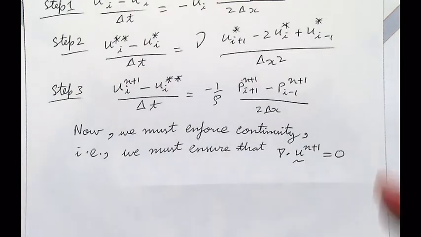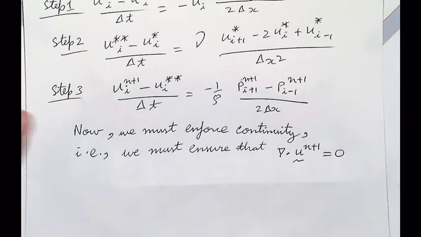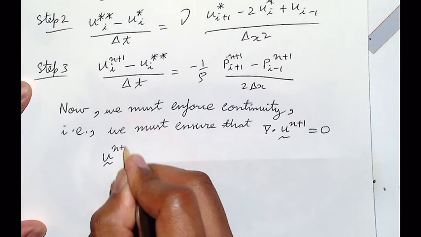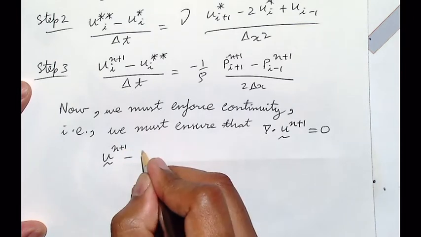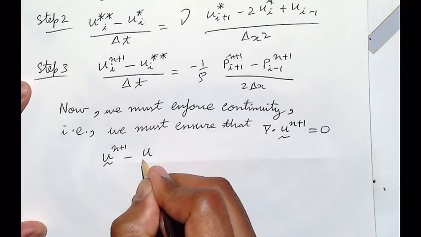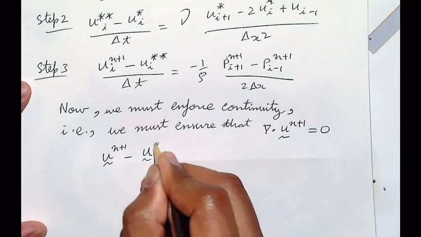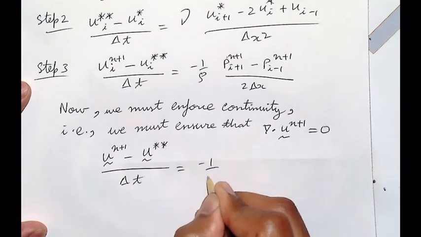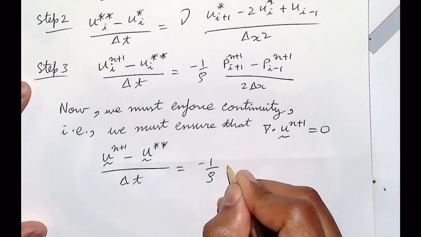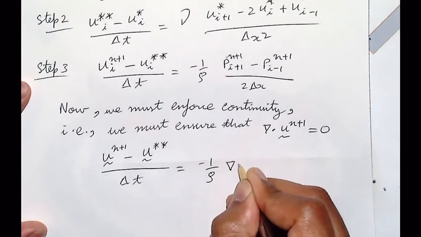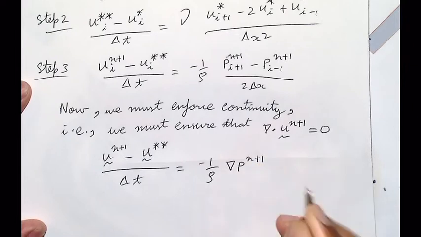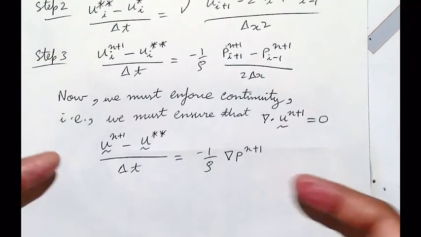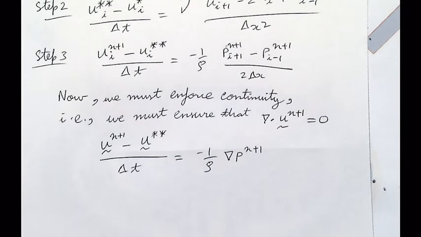I had written the discretization in 1D. If we just write the generalized 3D form, it's (u^{n+1} - u^{**})/Δt = -1/ρ ∇p^{n+1}. I've just written this in its original general vector form.